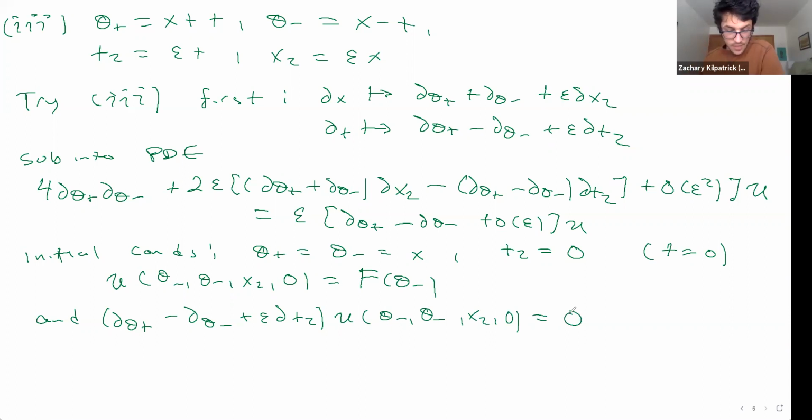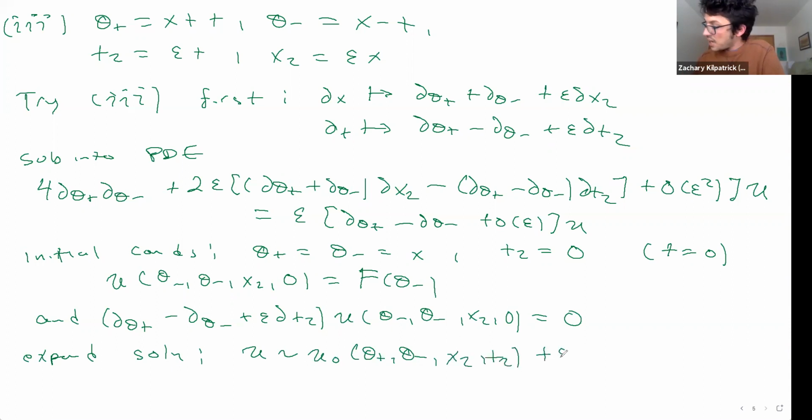All right. So if we expand this solution now, u is approximated by u0 of theta plus, theta minus, x2, t2, plus epsilon u1 of theta plus, theta minus, x2, t2, and so on.